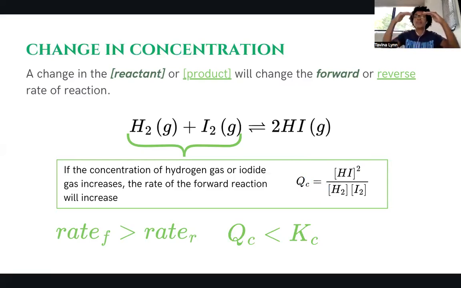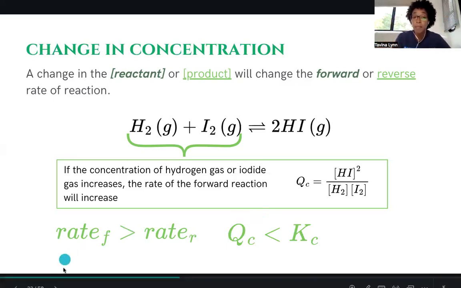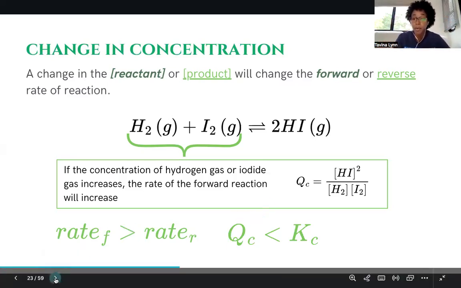And we're always comparing at equilibrium, where Q is equal to K. We add more reactants, and now our Q value decreases, so it's less than K. Remember from our previous example, if Q is less than K, meaning we have more reactants, our equilibrium will shift to the right.